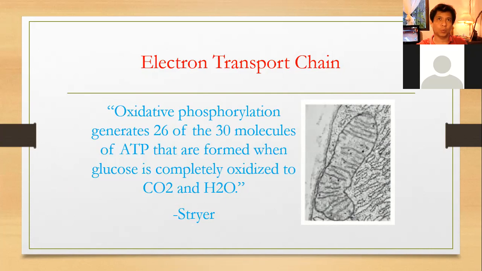So 1.5, 1.5, that's 3. Meron pang tatlo. So probably I'm missing one NADH. Parang may NADH ata sa glycolysis. So doon galing yan. May NADH na napo-form sa glycolysis. So paki-check nyo na lang. Parang may NADH pa na isang napo-form sa glycolysis. So doon galing yung 3 ATPs. We're going to check that later.